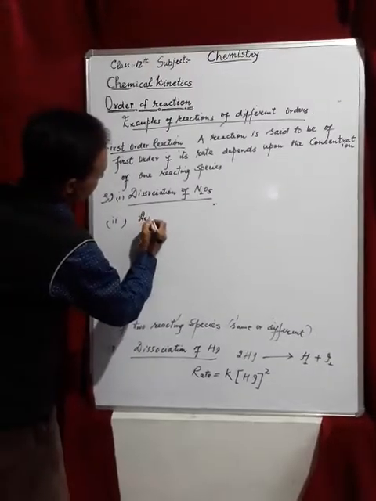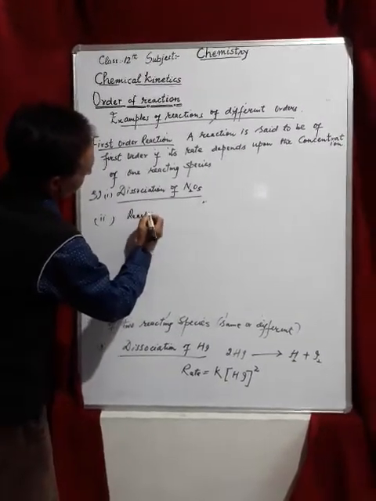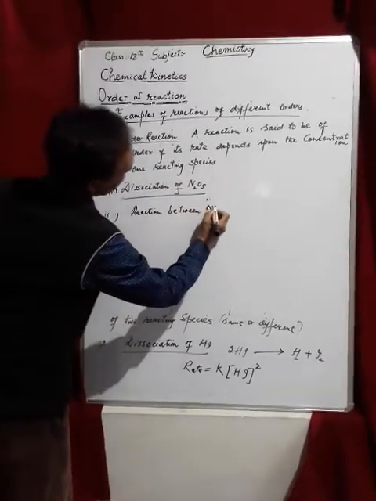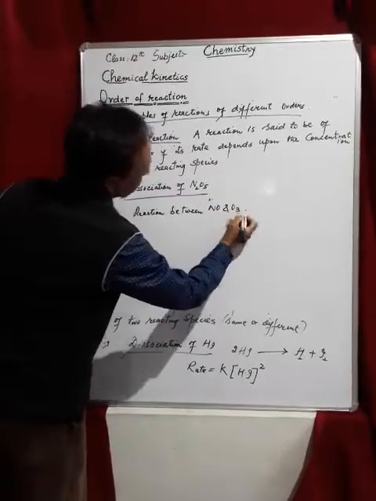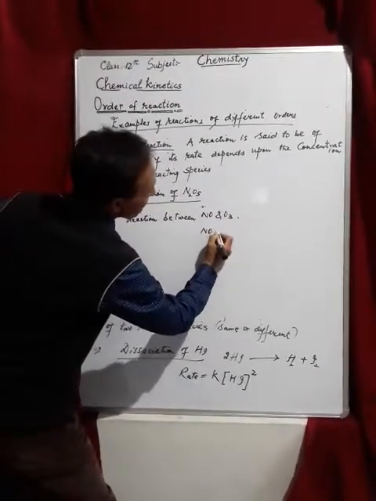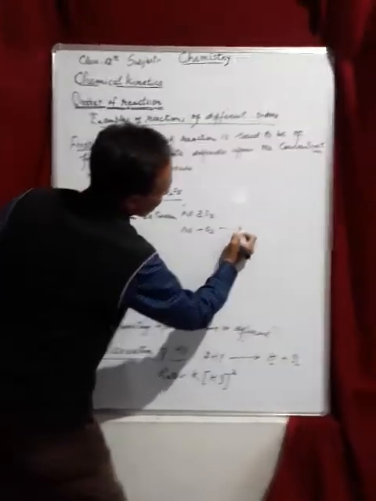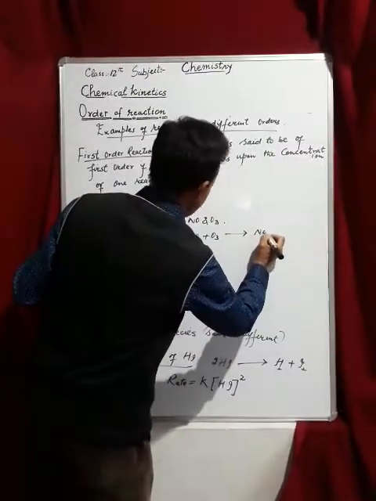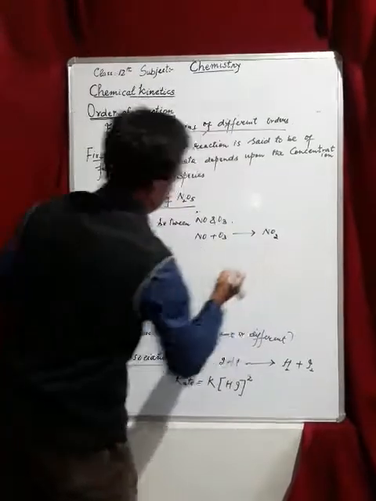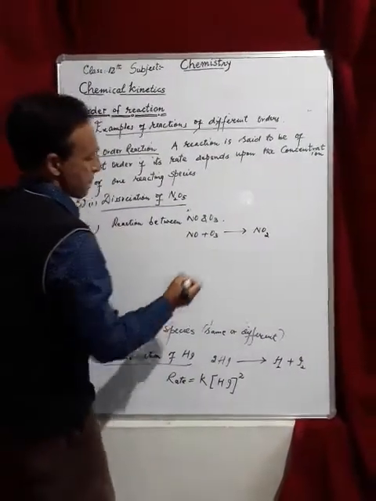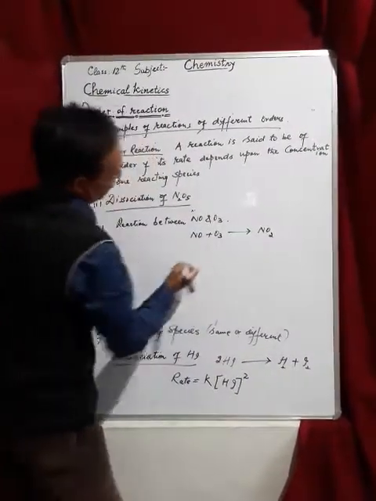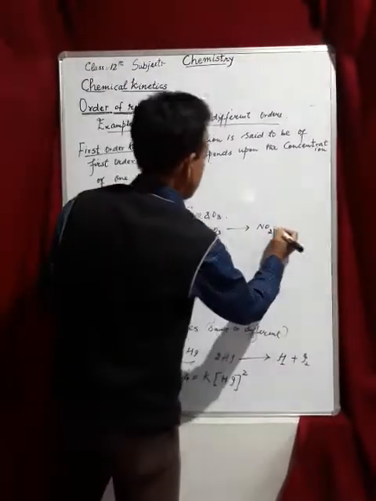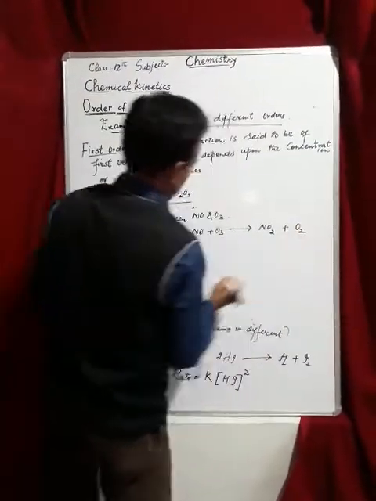A reaction between NO and O3. So NO plus O3 gives NO2 plus O2.